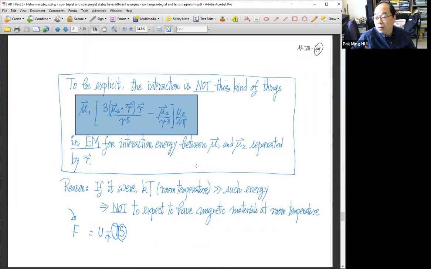Temperature wants to randomize things. Why? Because it's minus TS, so it will lower the Helmholtz free energy.